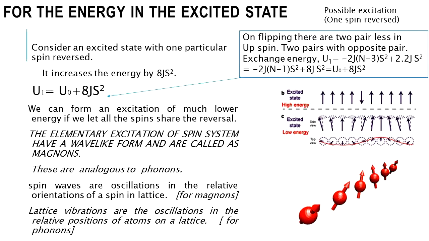We can form an excitation of much lower energy if we let all these spins share the reversal, as you see here. So we can have the same effect, but the energy is lower. Each spin will share the tilt. This is a quantum mechanical approach, and the elementary excitations of these spin waves are called magnons.